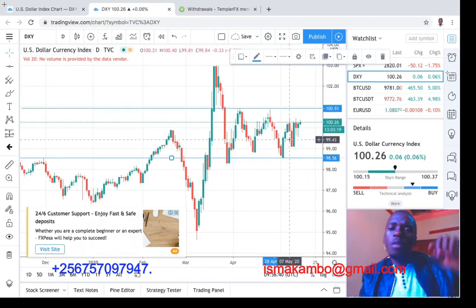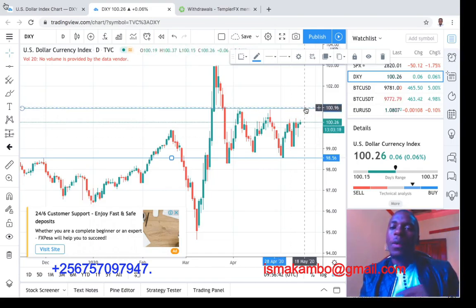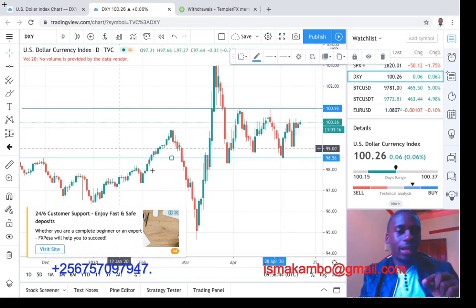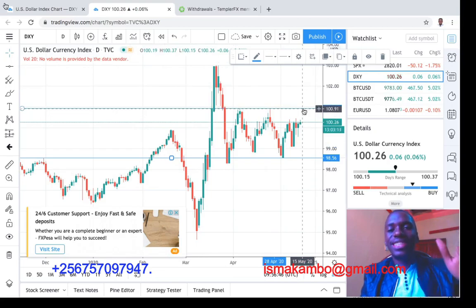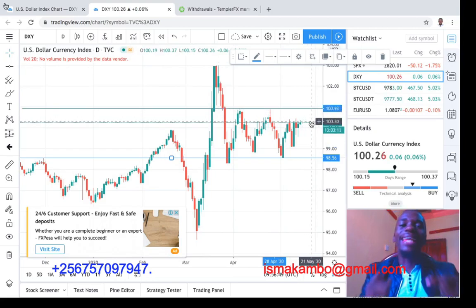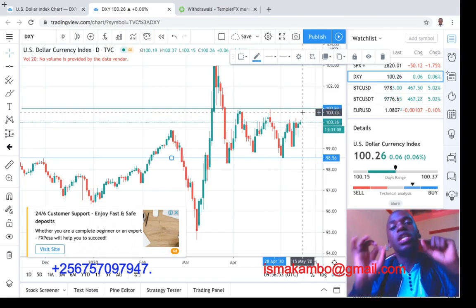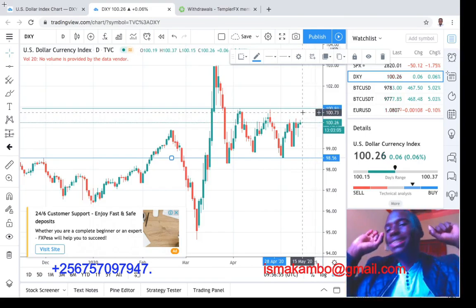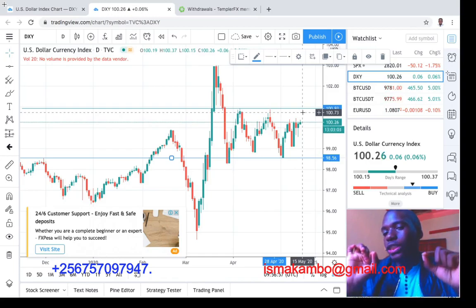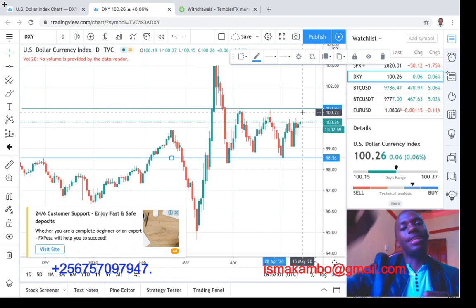So when the dollar index reaches here and comes down, having it confirmed that it is going down, it will mean that the gold, or spot gold, will automatically be moving up.